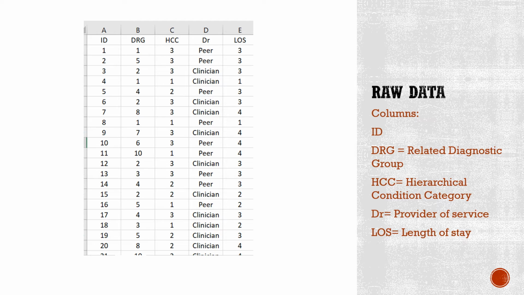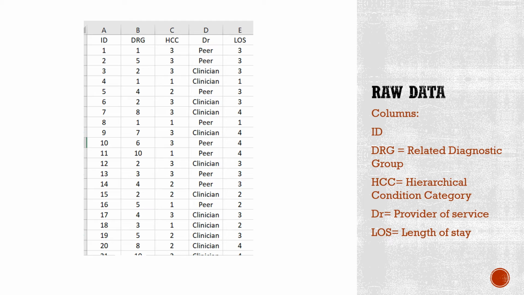We have the doctor column that tells us whether the case was handled by the peer or by the clinician. And we have the LOS, which stands for length of stay, and it tells us the length of stay for each case.